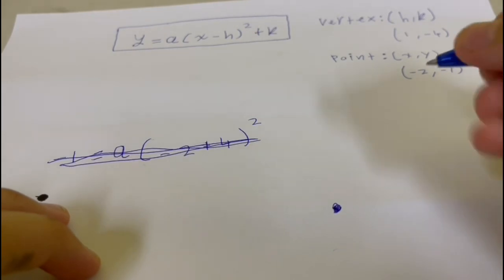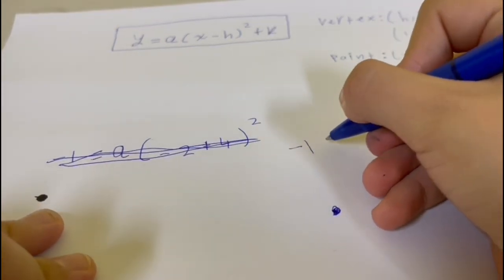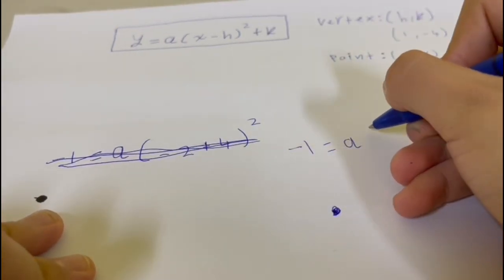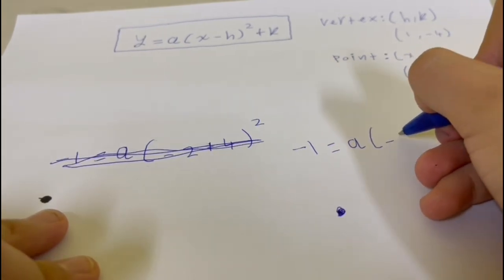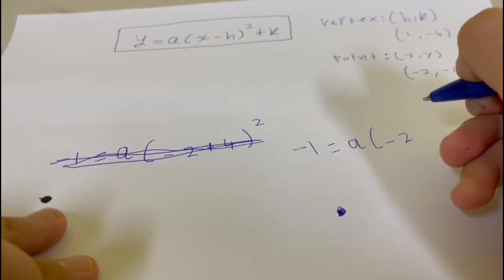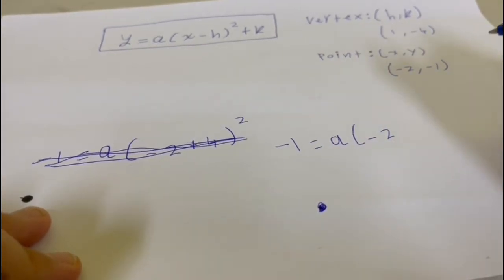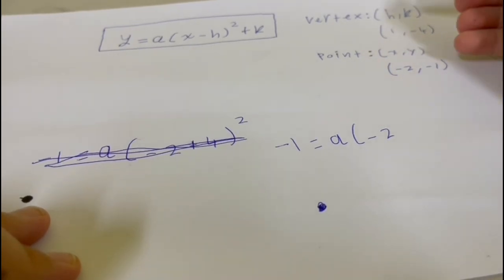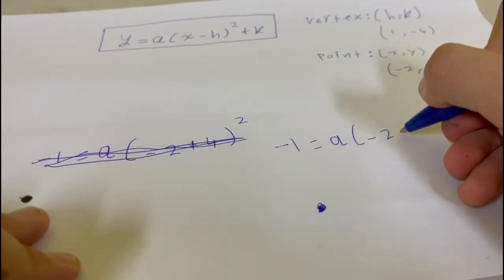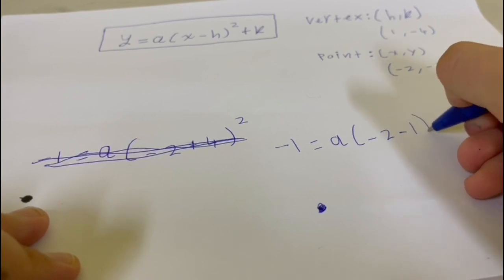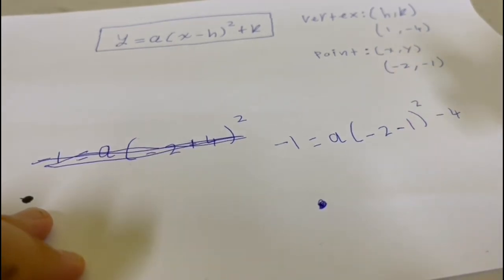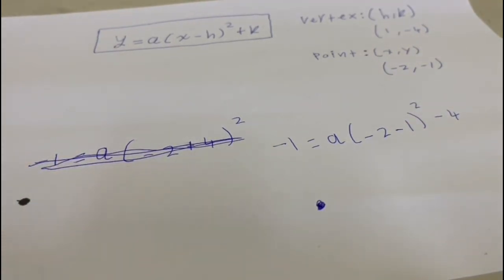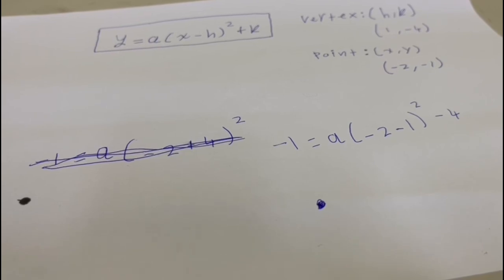The y is -1, so -1 equals a times -2, which is the x, minus 1, because x minus h where h is 1, so the opposite is -1, squared, and minus 4. So -1 equals a times (-2 minus 1) squared minus 4.